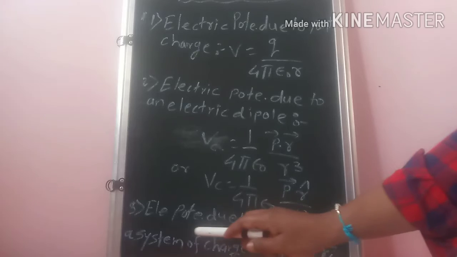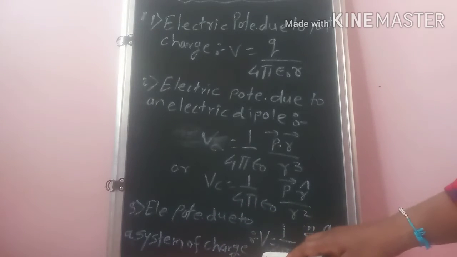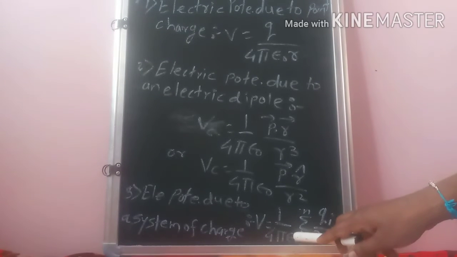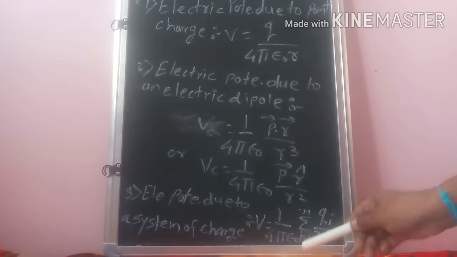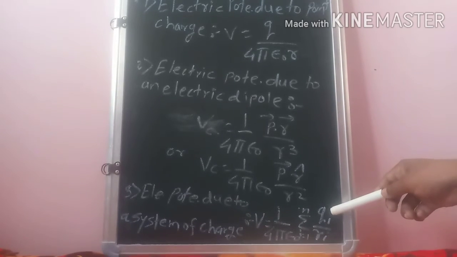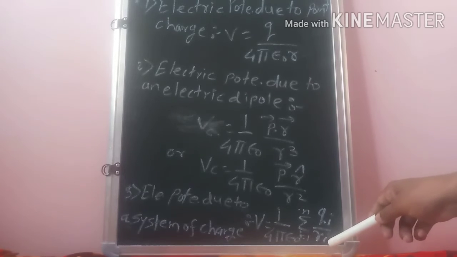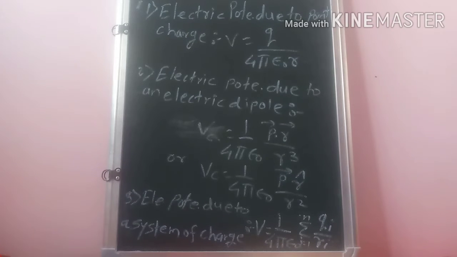The third, electric potential due to a system of charges, is V equal to 1 upon 4 pi epsilon naught summation i equal to 1 to n Qi upon Ri.